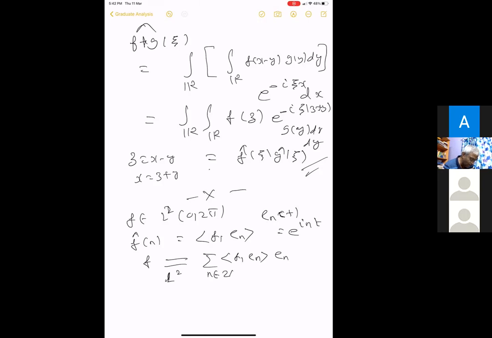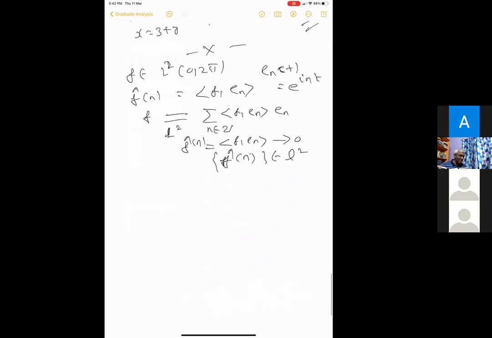And also we have that ⟨f, e_n⟩ goes to 0, because f hat of n is in small l2. We have that the hat is a map from L2(0, π) to l2, a unitary.